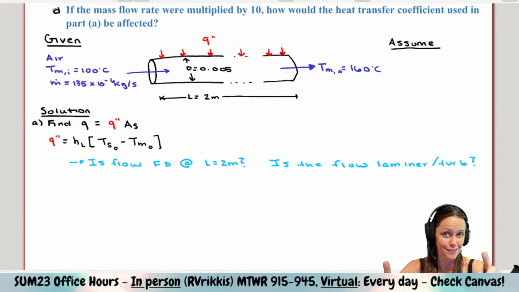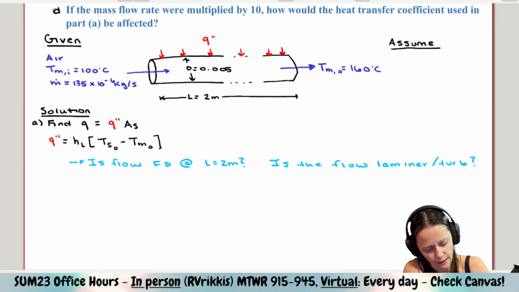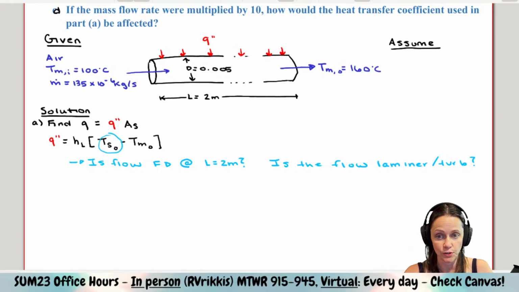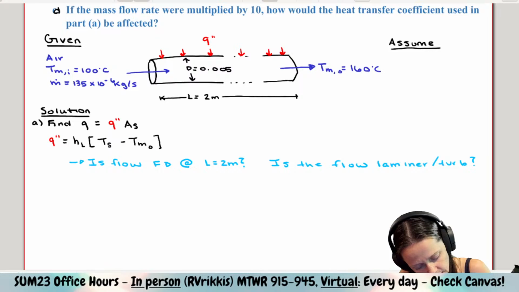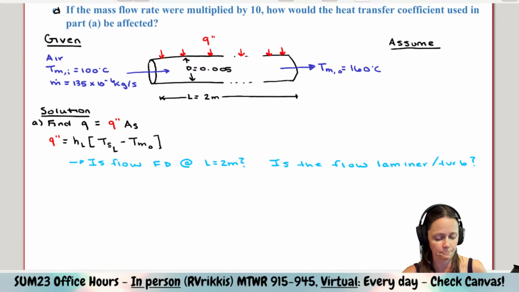So first thing is laminar or turbulent. Why are we having to find T_m out? They don't give us that. I'm sorry, did I say mean out? I meant the surface. I'm going to need this one. I'm sorry if I said mean out. I need the surface temperature at the outlet at x equals L. In fact, I'm going to rewrite that. I'm going to put this as the surface at x equals L.